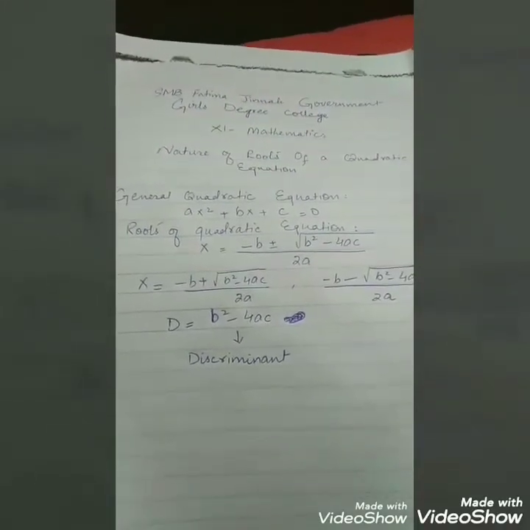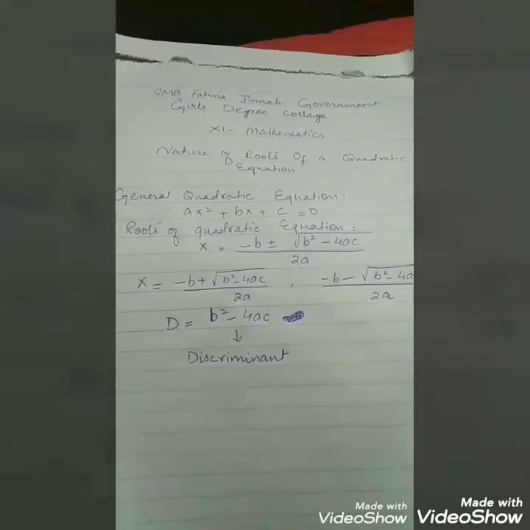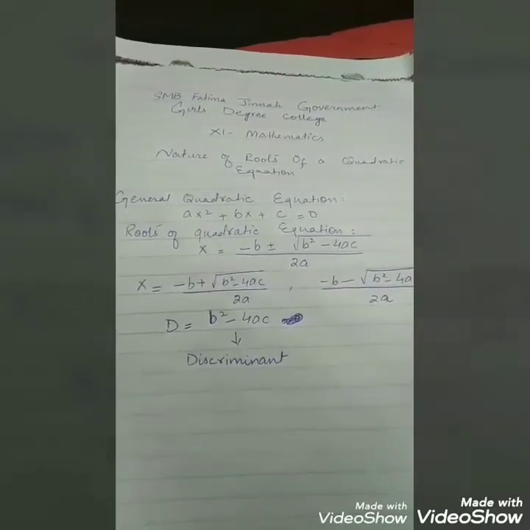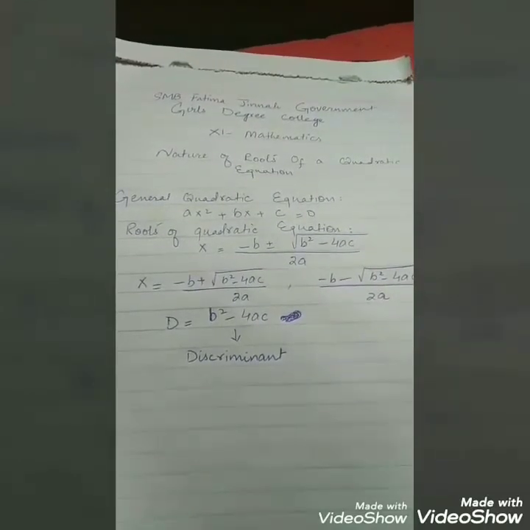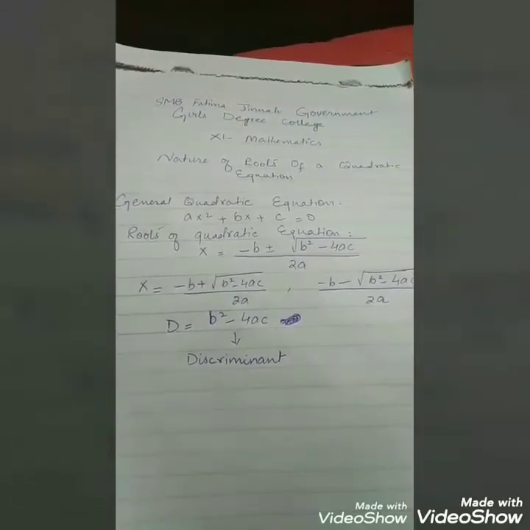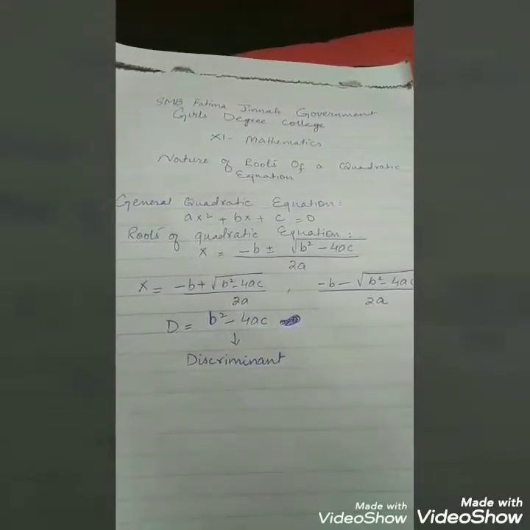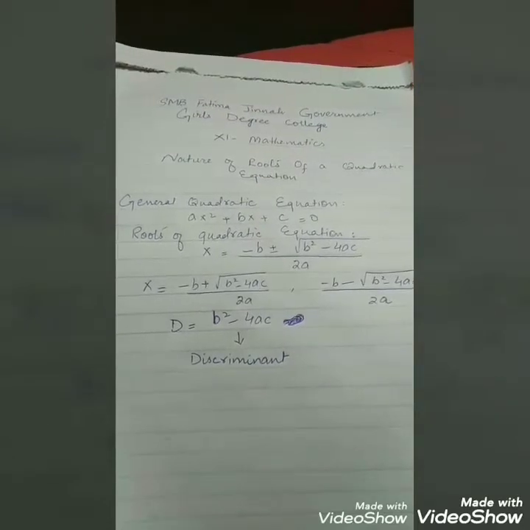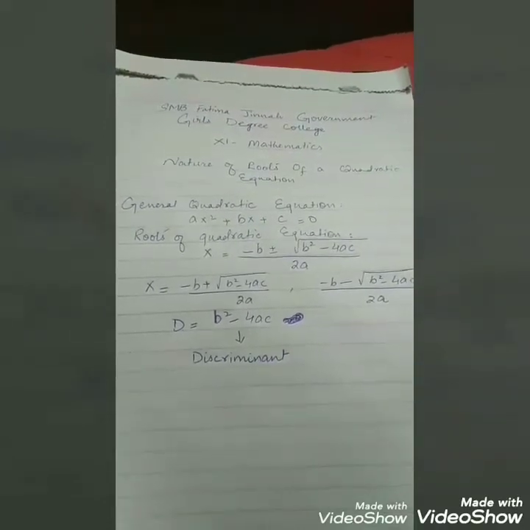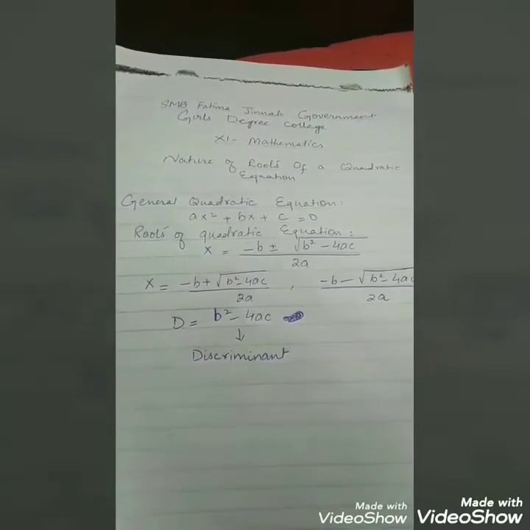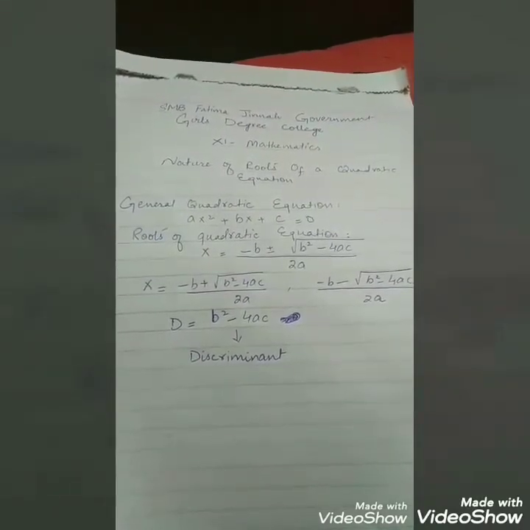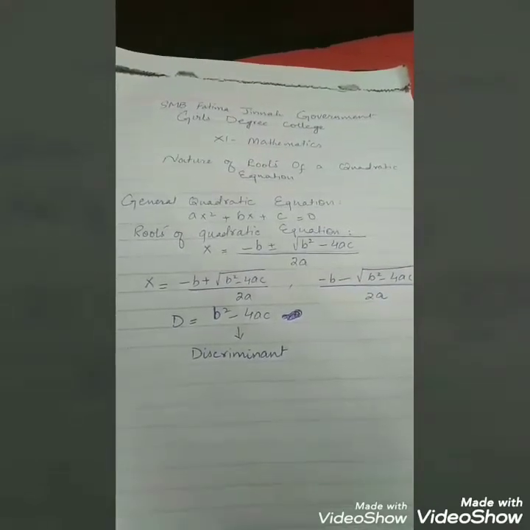To find out the nature of the quadratic equation, b² − 4ac is calculated and examined. It can be greater than 0, that is positive. It can be less than 0, that is negative, and it can be equal to 0.